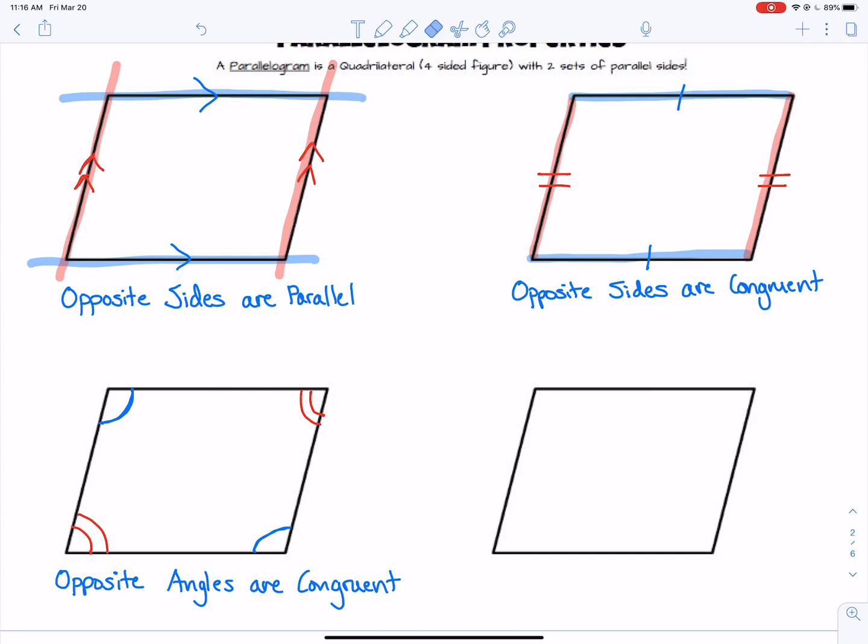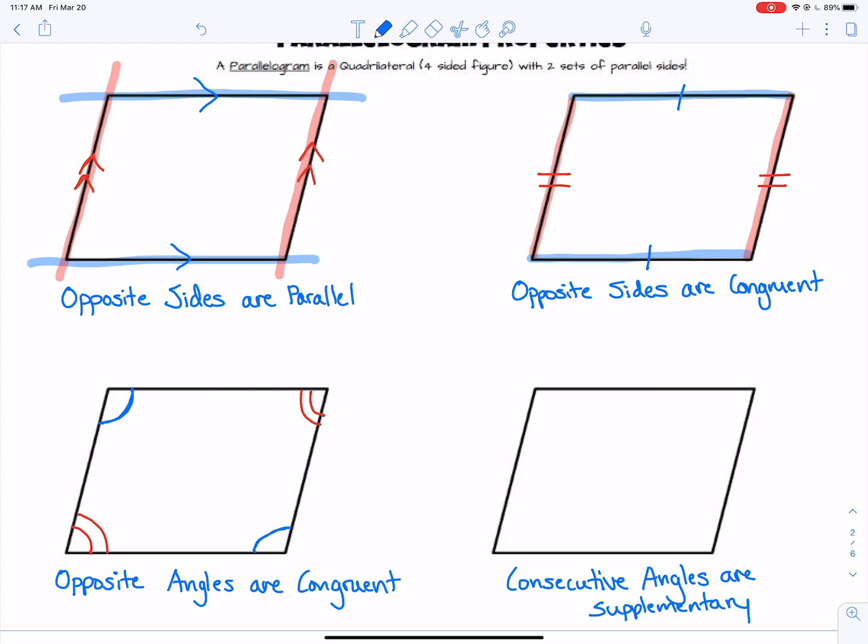And then the last property we wrote down was that consecutive angles are supplementary. All right, and so supplementary means that they add up to 180. Consecutive means they're beside each other.